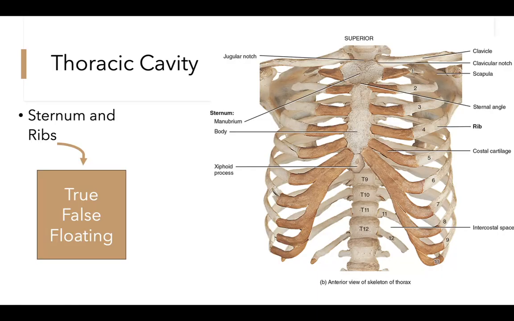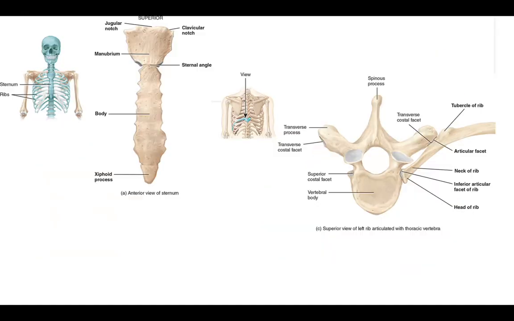False ribs have an indirect connection to the sternum via costal cartilage. And floating ribs, a subclassification of false, are not connected to the sternum at all. So those are your ribs.